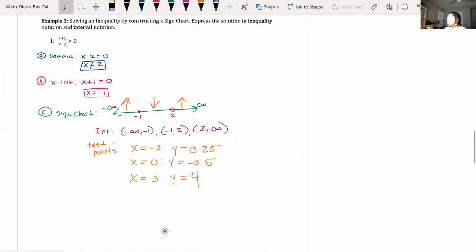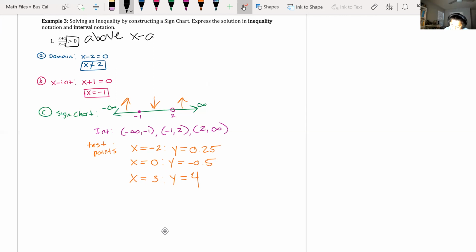And now we have all this information to answer one simple question. It was the question asked in the very beginning of this problem. It wants to know where this function is greater than 0. So basically, what this inequality is asking is, on what intervals are we above the x-axis?